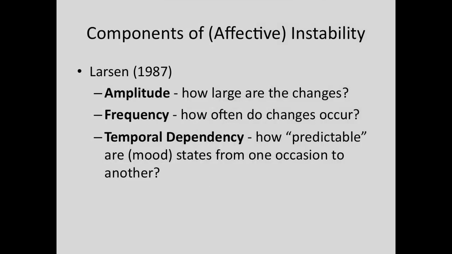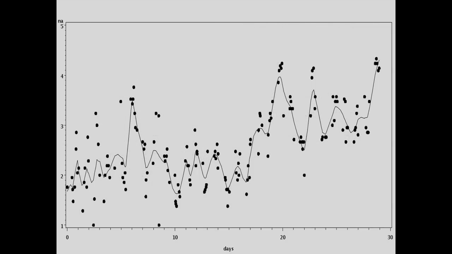So, components of instability in general. You're interested in looking over the course of time at how large changes are, how frequently changes occur, and very importantly, temporal dependency. That is, how predictable is one mood state from the previous mood state, or one other kind of state. Here, these are real data from one individual with BPD.